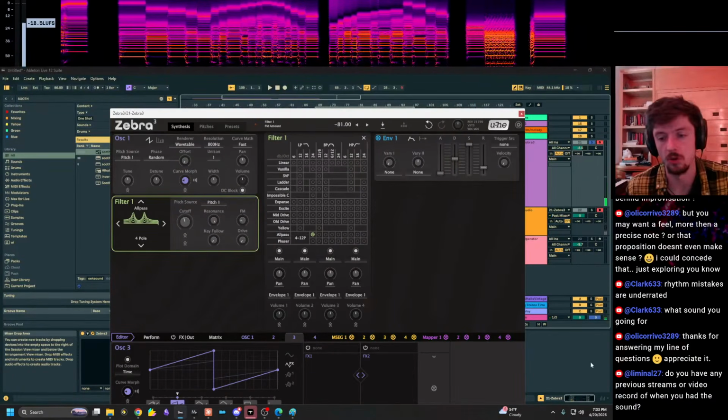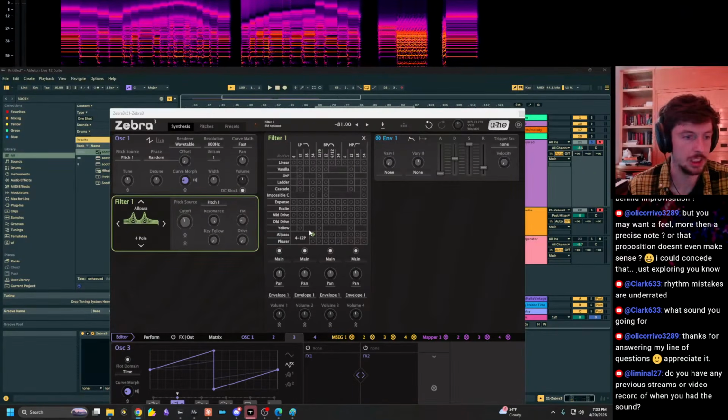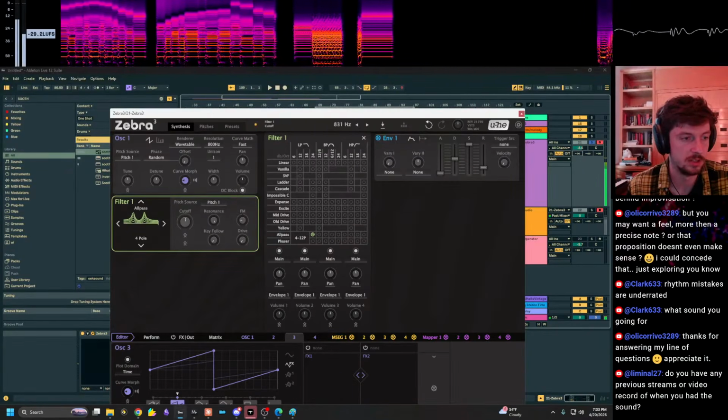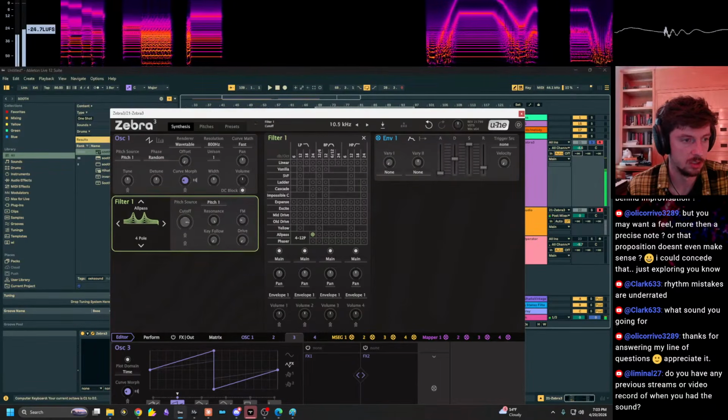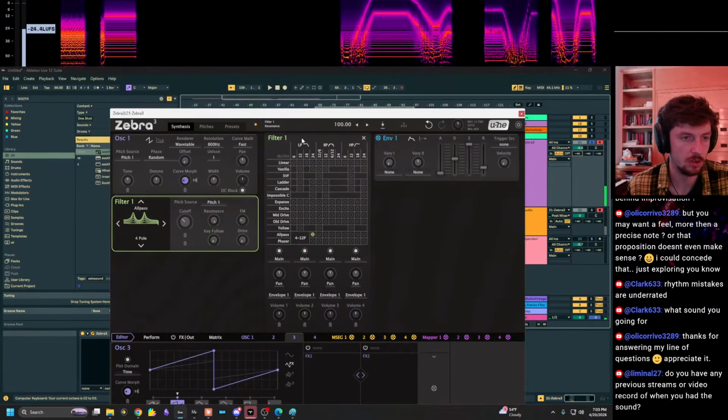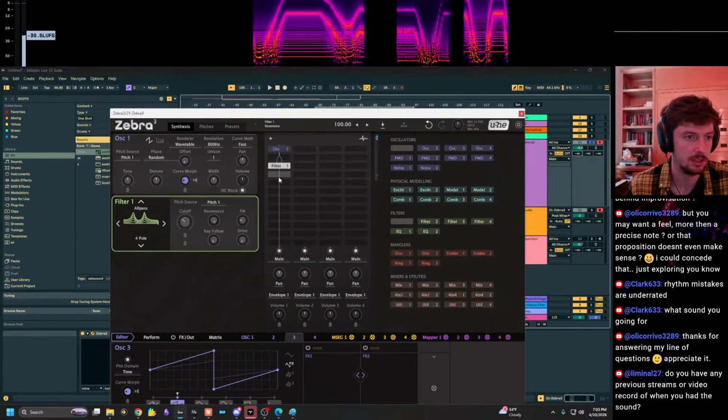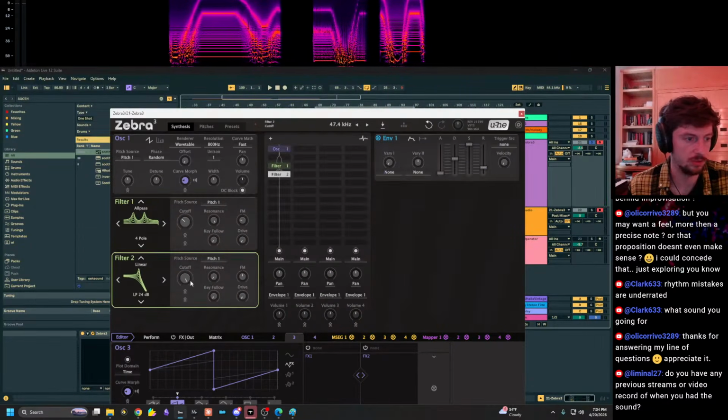Man, it would be so cool if there was a way to cleanly interpolate between these filters. Okay, so these sound like that. I'm gonna combine it with another filter.